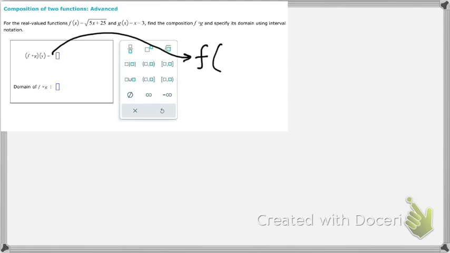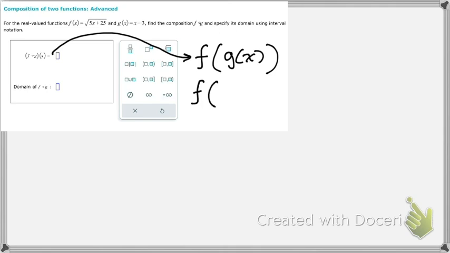F of g of x, and this is really the best way to conceptualize composition. Then we can go back to our basic understanding of how functions work. So f of g of x. Now g of x is sitting right here, and it says g of x is x minus 3. So I can plug in x minus 3 for g of x.